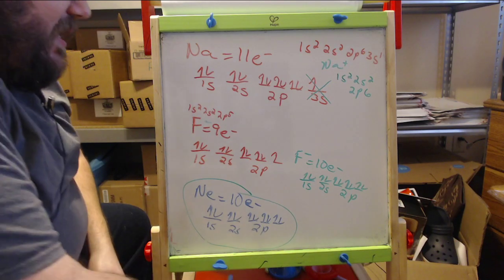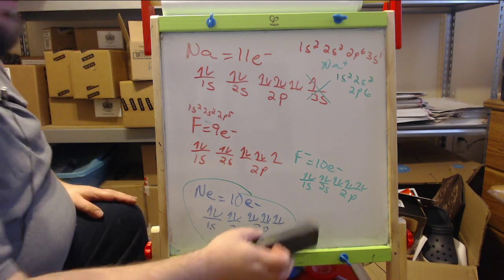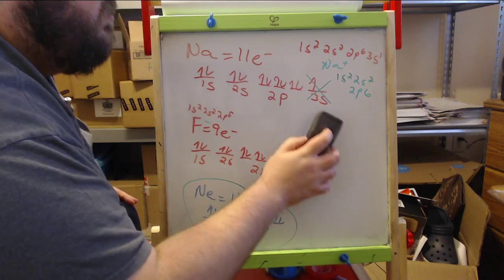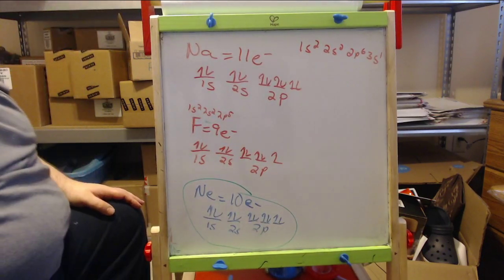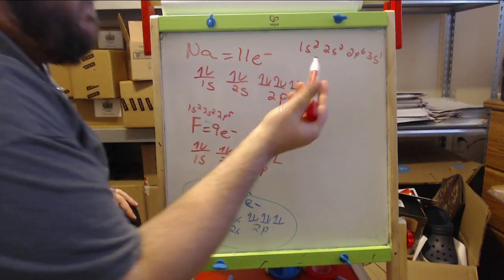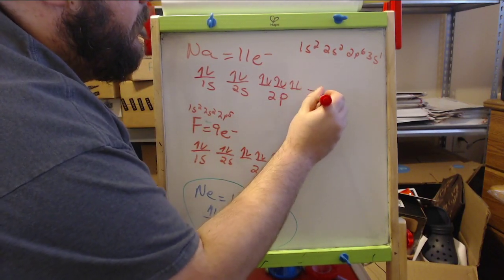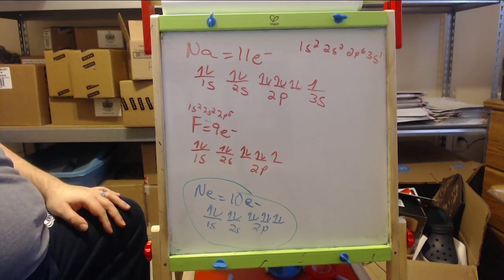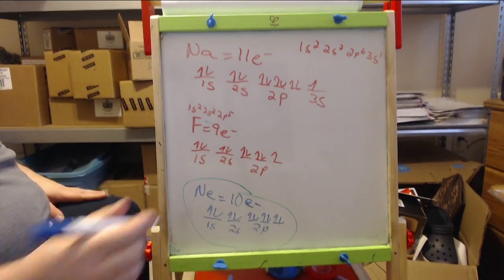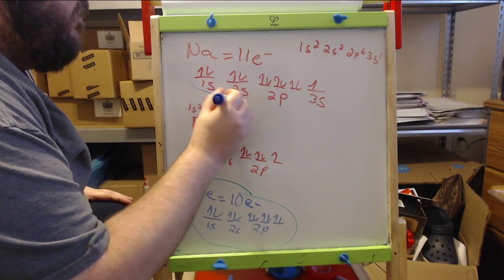So, that being said, keeping neon down here, there's actually a shorthand way, an even shorter way, to write electron configuration. And the key is this. Find the noble gas that comes before.